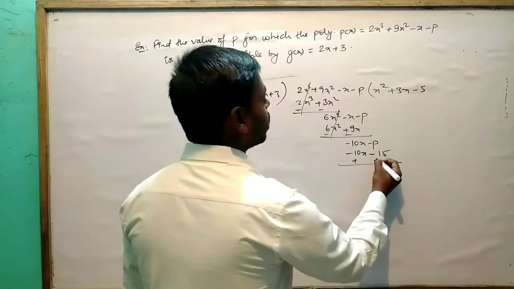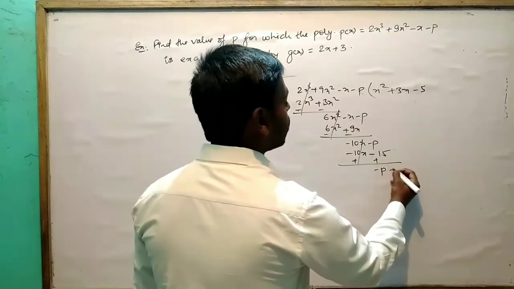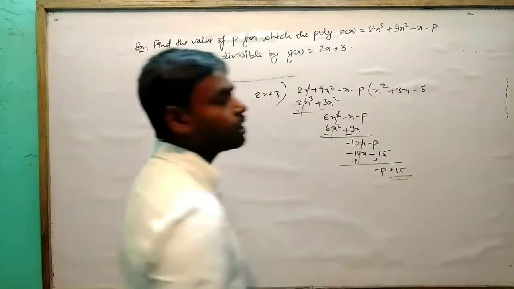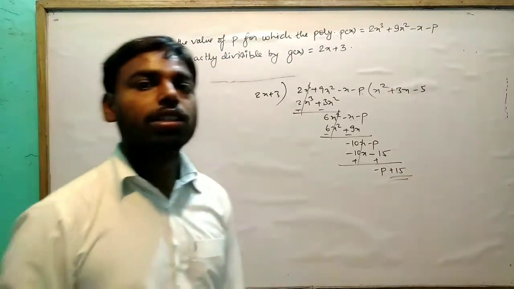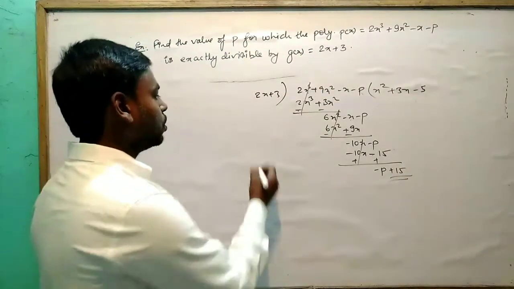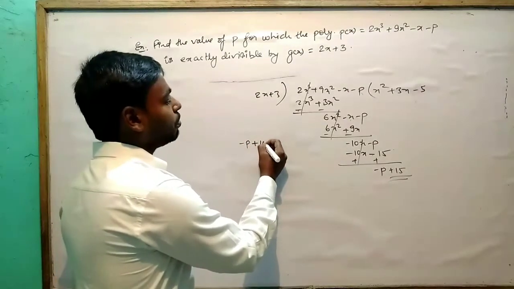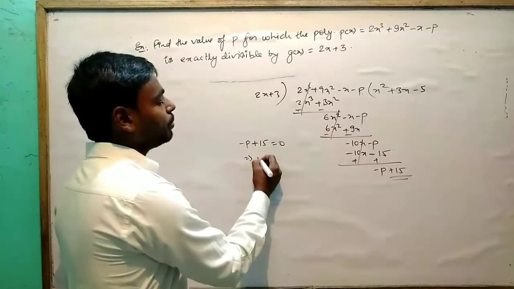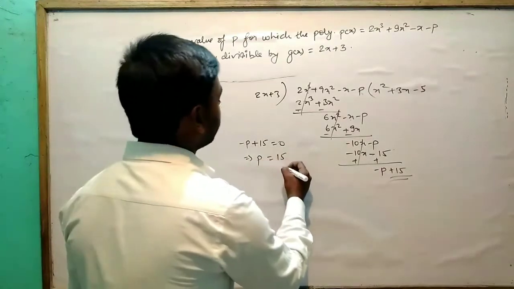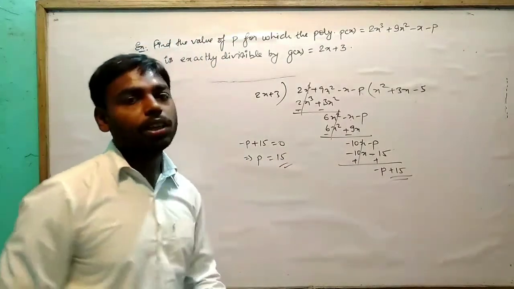We change the sign and we get minus p plus 15, and this remainder is equal to 0. So minus p plus 15 is equal to 0, and p is equal to 15. That is our answer.